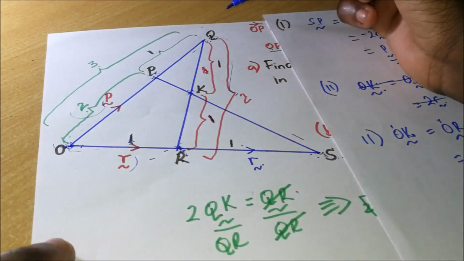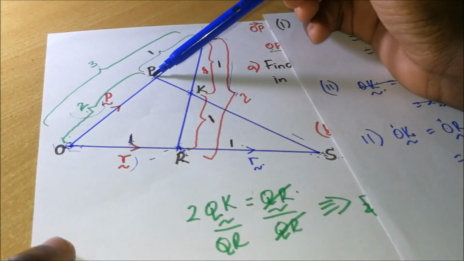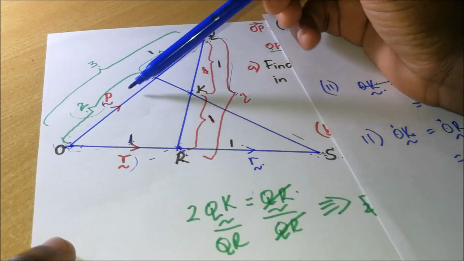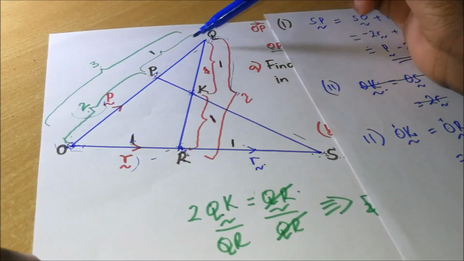OQ. Now you realize, according to our question, we only have P labeled from here to there. So the OP only covers just this portion, but PQ is blank.